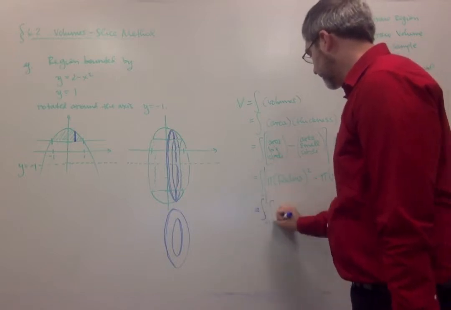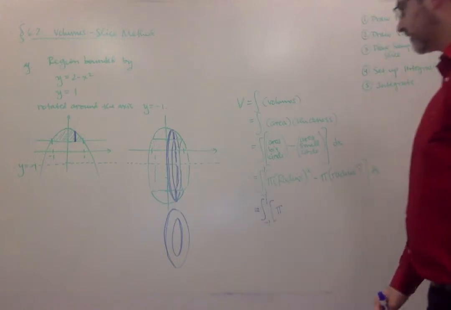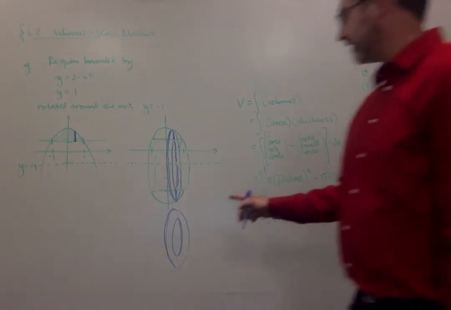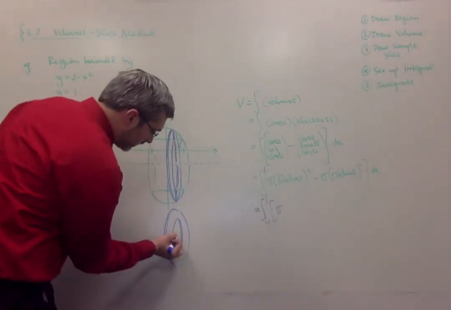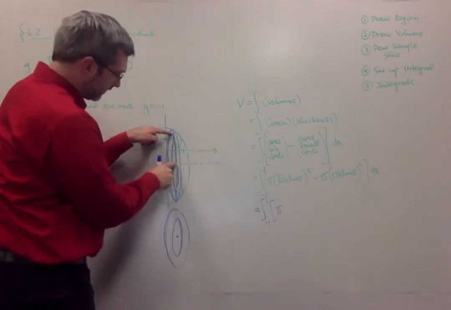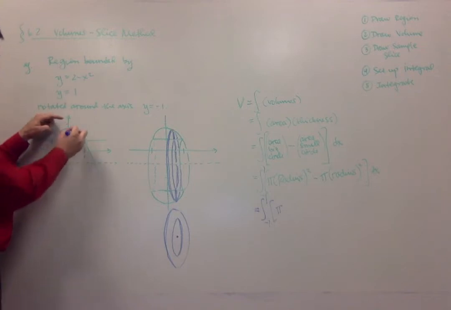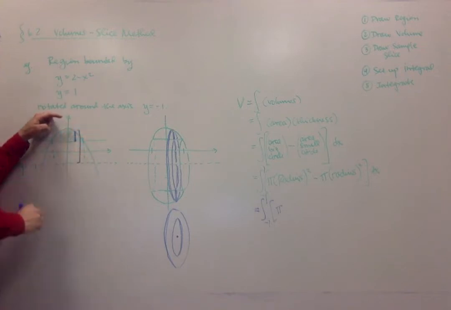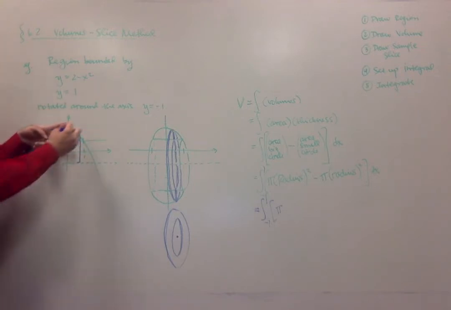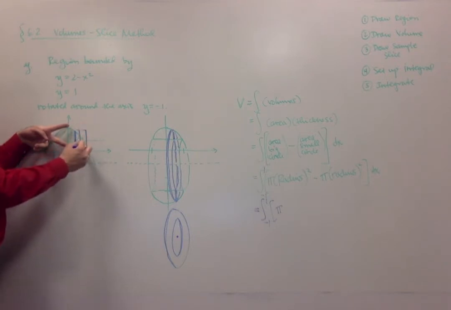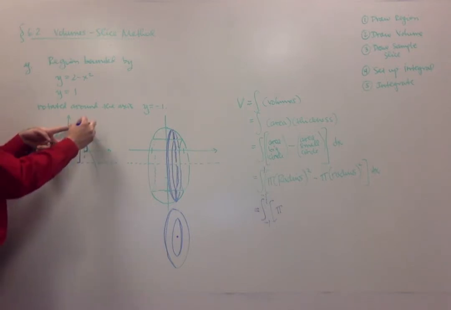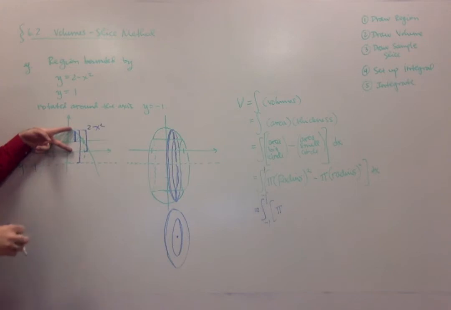All right. So all we have left now is to figure out what this big radius and the small radius are. Now the big radius is from the axis up to the top function, so that big radius is right there. Now, this height right here is the top function, which is 2 minus x squared. That distance right there is 2 minus x squared.